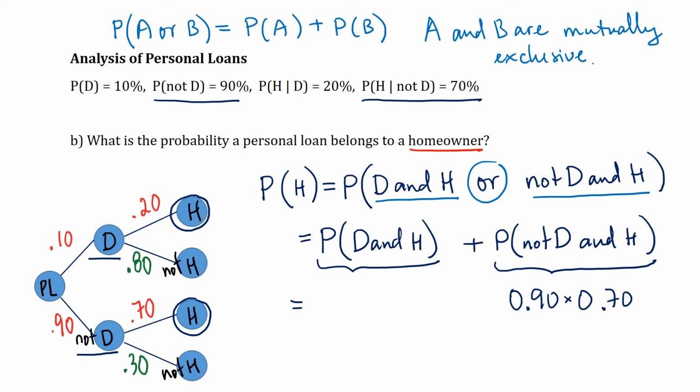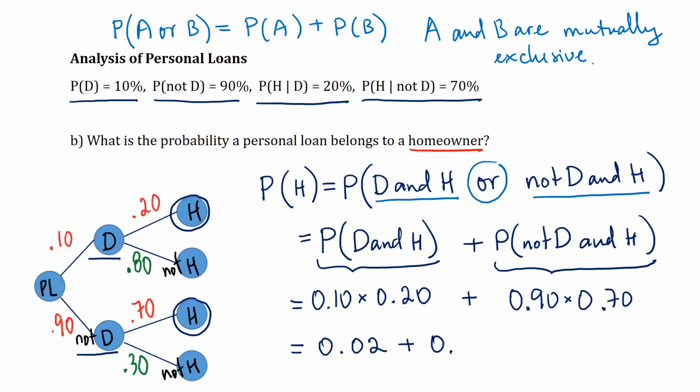So it's the probability of D times the conditional probability of H given D. So it's 10% chance times 20% chance. Combining the two probability values, we get a 65% chance, and that is the probability we randomly select a personal loan that belongs to a homeowner.